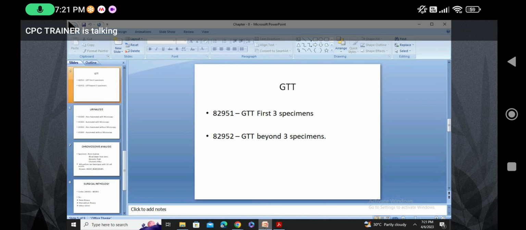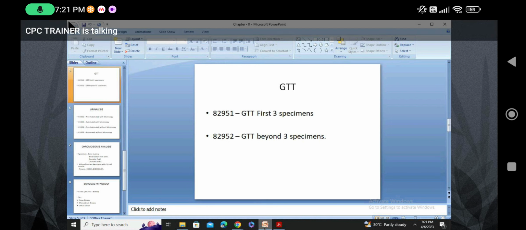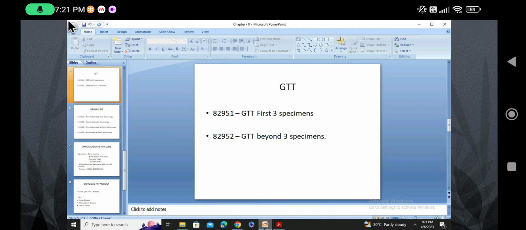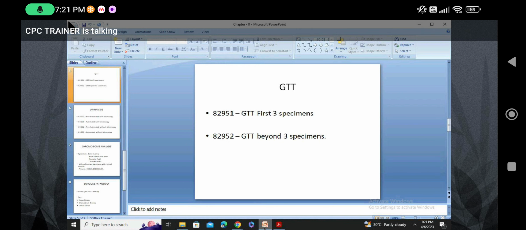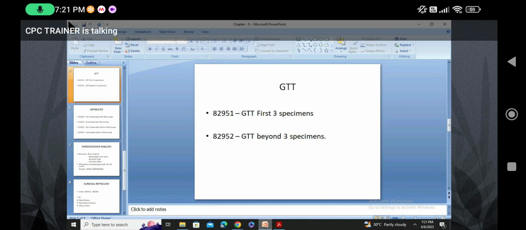Normally, if the provider performs any test, the specimen is collected one time or two times. But in this GTT, a minimum of 3 times and a maximum of 6 to 7 times the specimen is taken, guys.